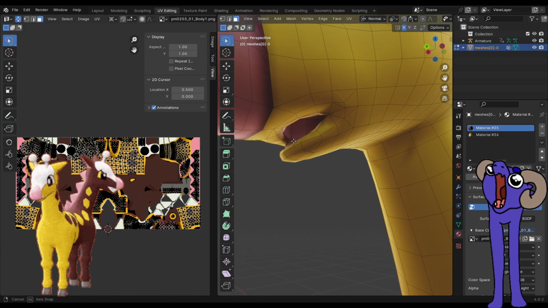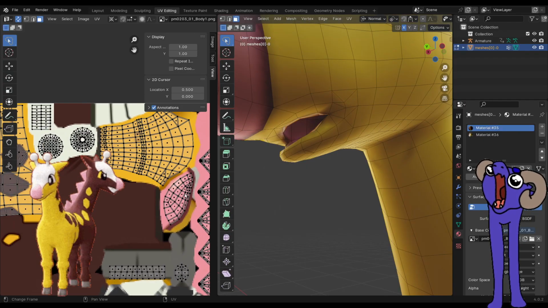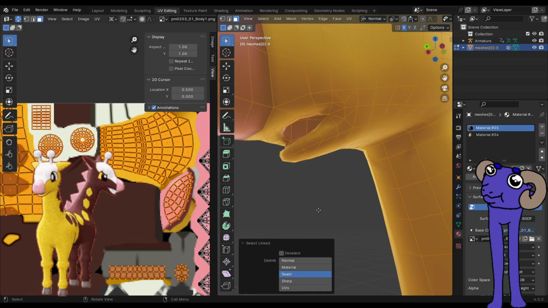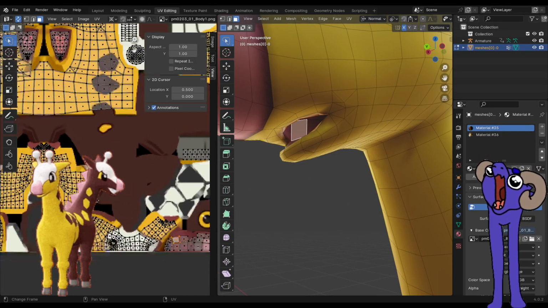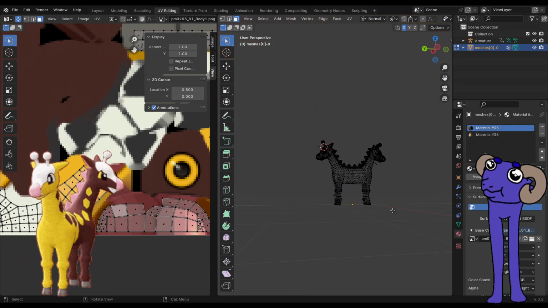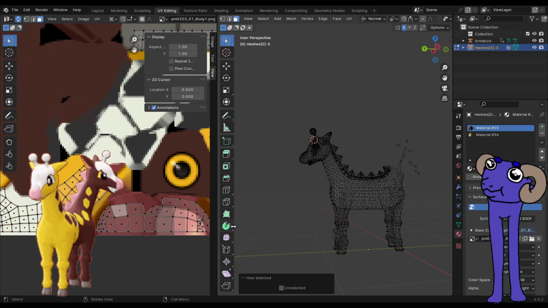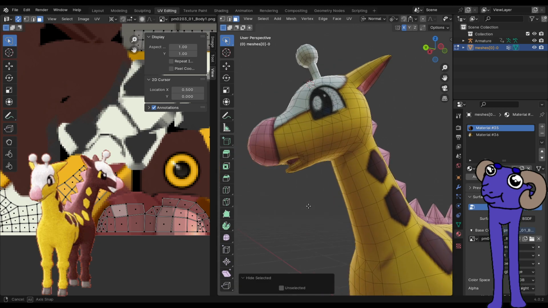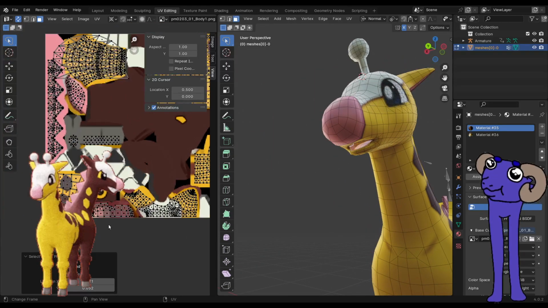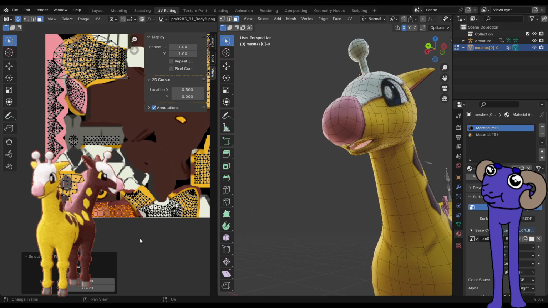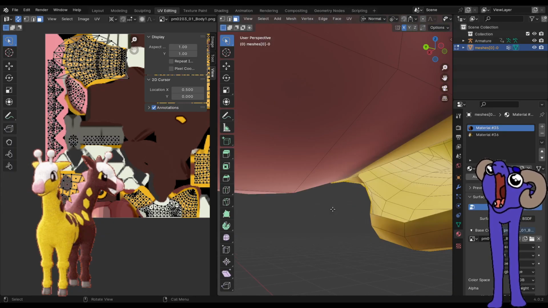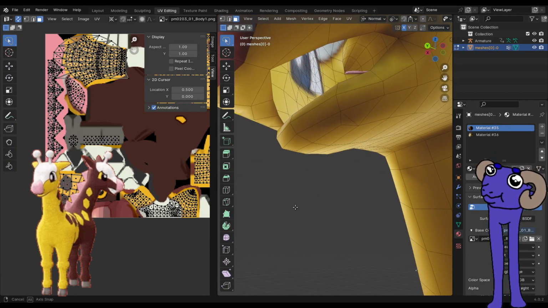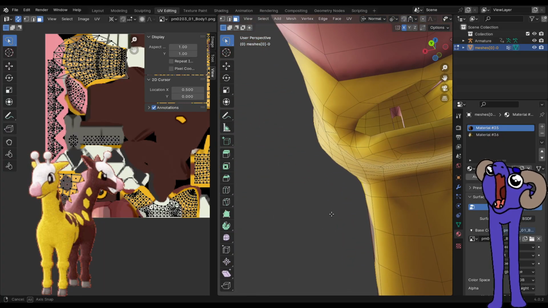Is there a way that I could select the inside of a mouth easier with this? This is the mouth. You're the mouth. We delete these vertices, so we now have an empty mouth. Make sure there's nothing left in there that I should be getting rid of.